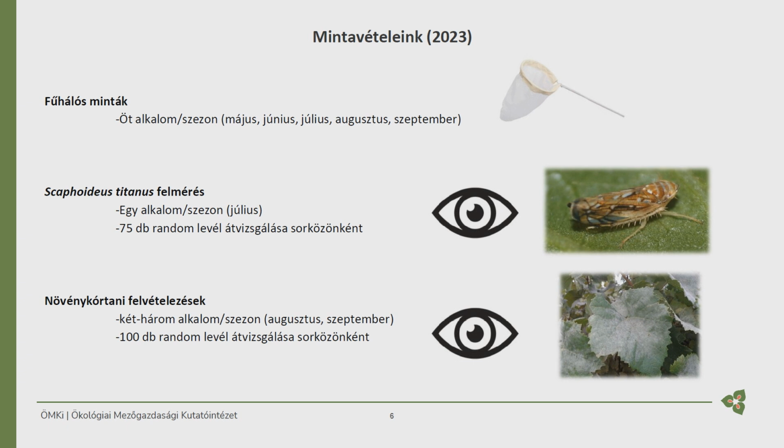So I brought along some samples we took in 2023. We used sweep nets to collect a sample of insects 5 times every season in 5 different months. And in early July, we also checked 75 leaves randomly, and we were mostly looking for American grapevine leafhopper.